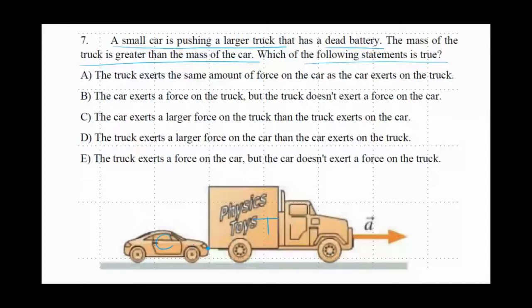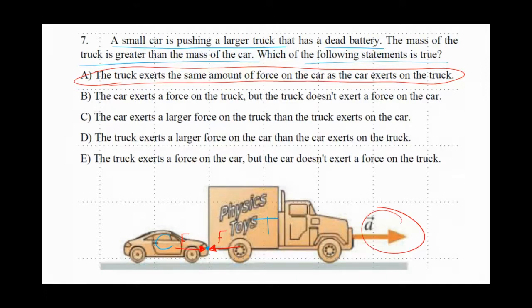if one pushes the other with the force F, the other one will push it back with the same force. So the truck exerts the same amount of force. But why do both objects move with an acceleration? I said last time, to get an acceleration, there must be an unbalanced force, or the net force has a value.